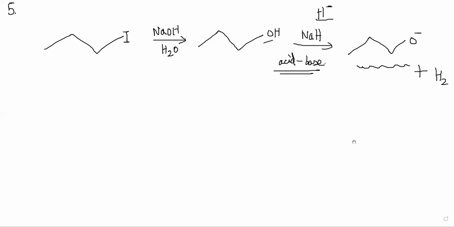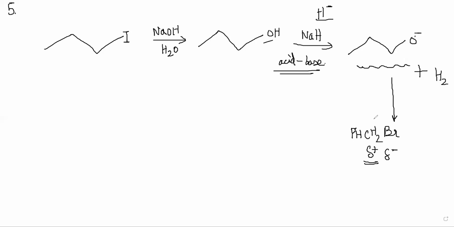After that step, what happens? You add PhCH2Br. So what is happening here is this is plus and this is minus, so this is definitely electrophilic, and this is nucleophilic. So the O minus will form a bond with this, with the PhCH2.